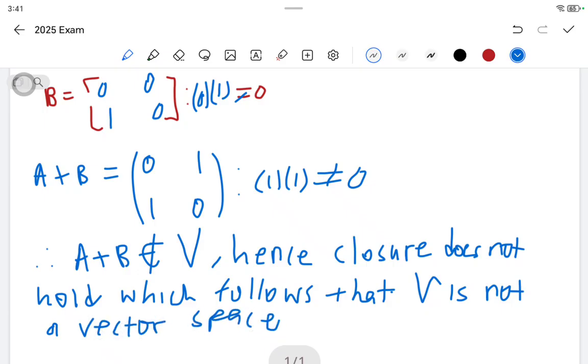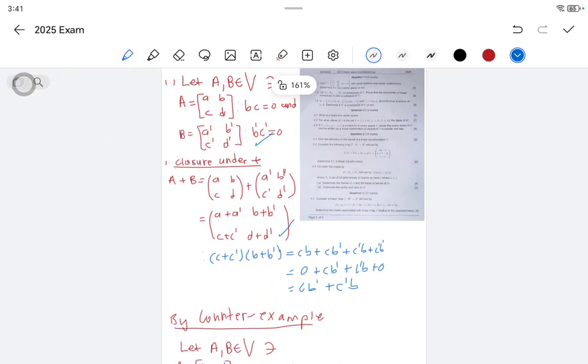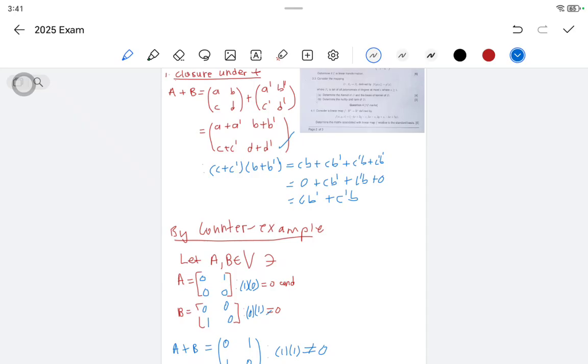Then you get your last mark, right? So we have seen that V is not a vector space. Any question on this before we go to the next question?